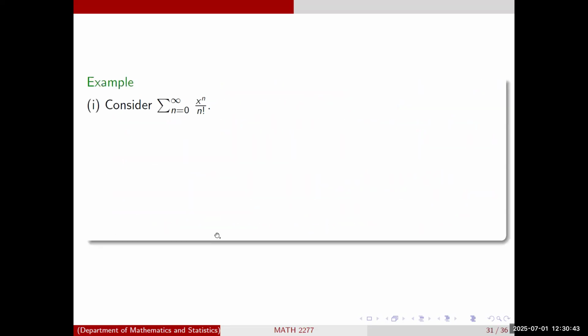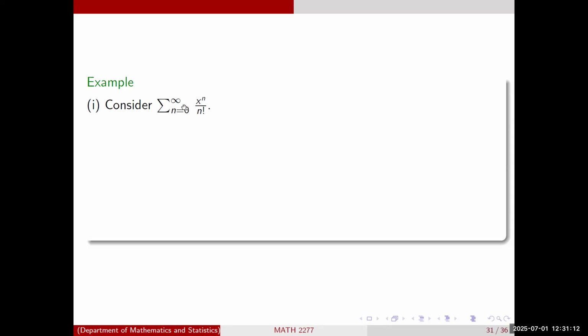Okay. So we'll do 2 examples. They're very similar, nice, easy examples. We're given this power series. Now, how do you identify it's a power series? Well, it depends on x to some power. The moment you see a series with a variable in it, to some integer power, that is a power series.